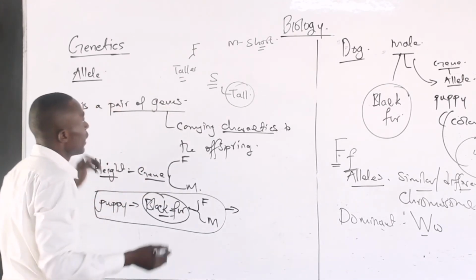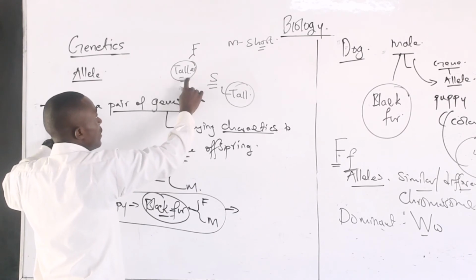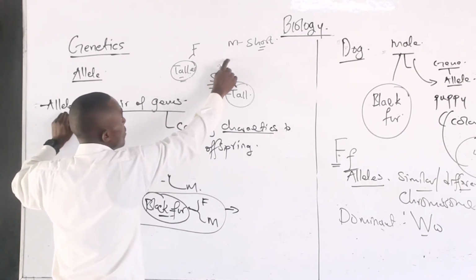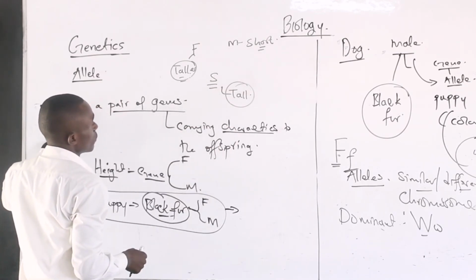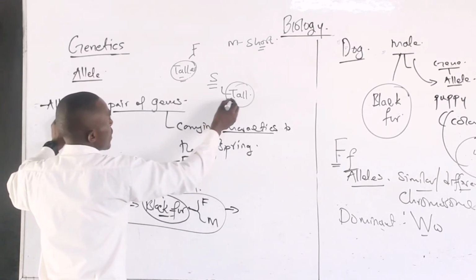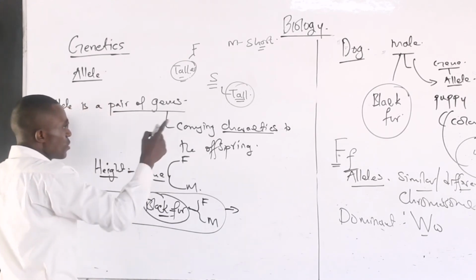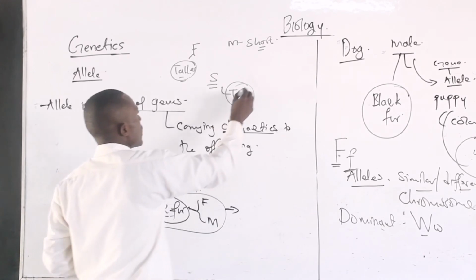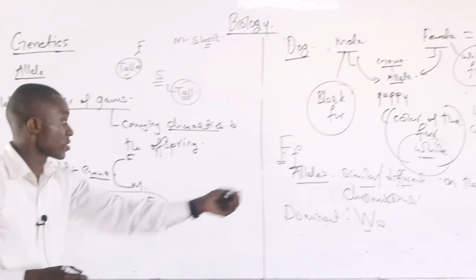What does that mean? That the allele for tallness is dominant to the allele for shortness from the mother. That's why the son becomes tall. And this is normally represented in what we call the genotype of an organism, which we're going to see in the next lesson.